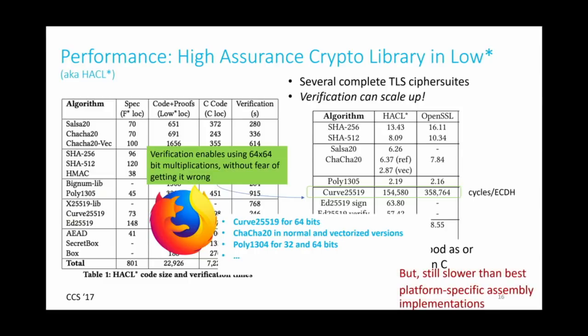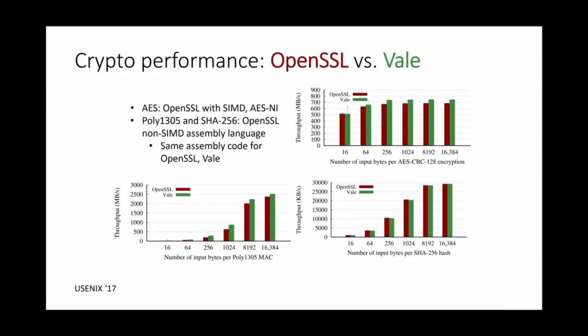That said, the code generated from HACL* is competitive with C, but the best implementations in assembly are still significantly faster. So using Vale, we have verified the assembly code in OpenSSL more or less as is. And as you'd expect, we get performance that is competitive or identical to the OpenSSL code that we started from.